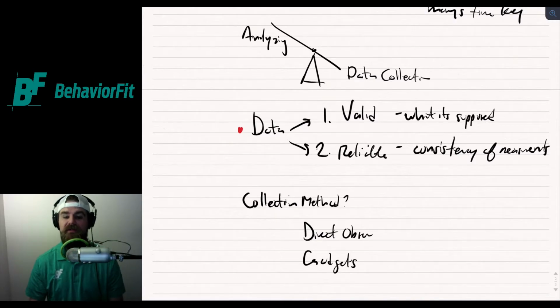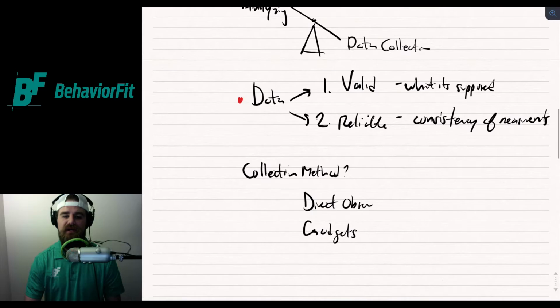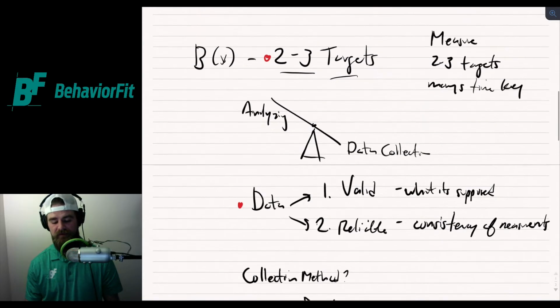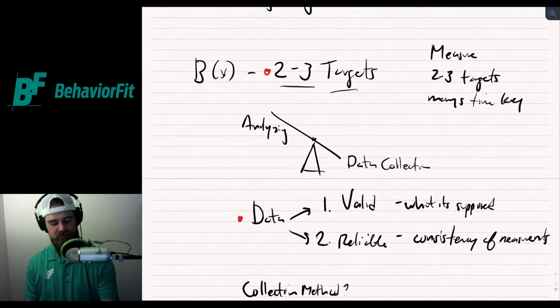It's not a valid measure if you're taking 20 steps and those are actually 20 sips of beer or a shot or whatever it is. Data also need to be reliable, and then we collect those either through direct observation or through gadgets. So that is a lot of front-end work just to get to the measurement piece, and we haven't even touched the analysis part yet. That first part was behavior.